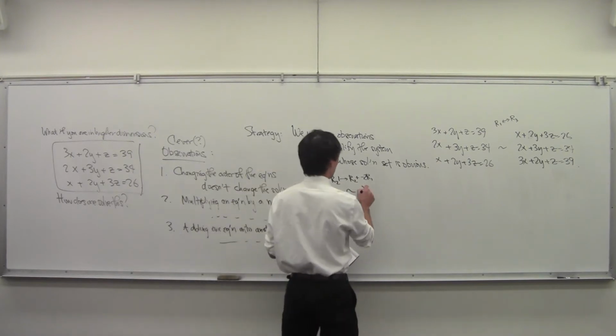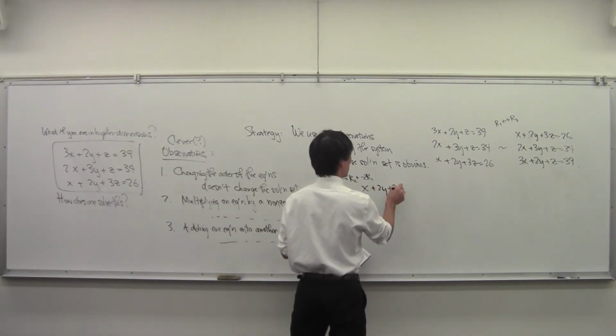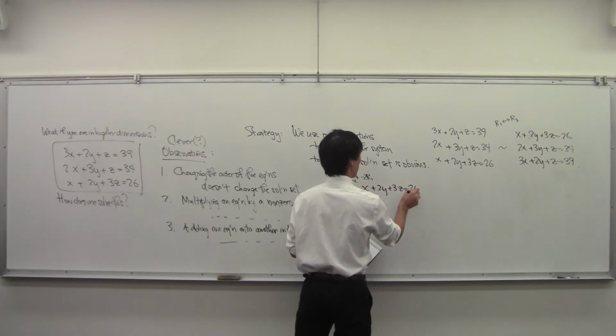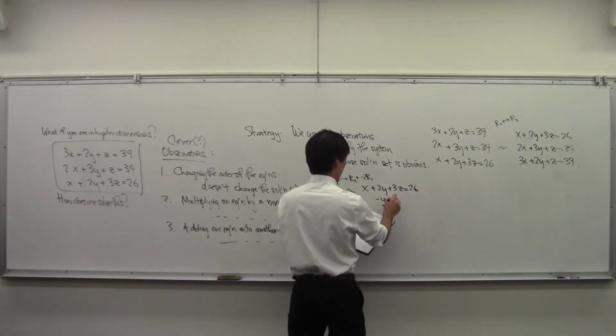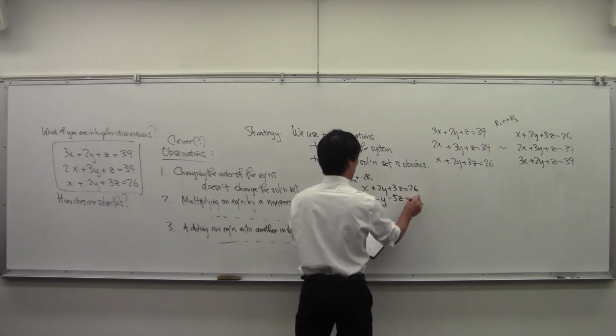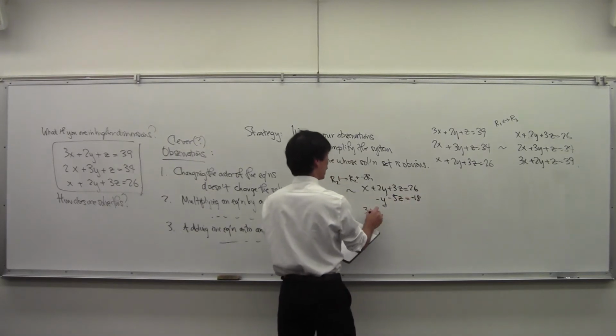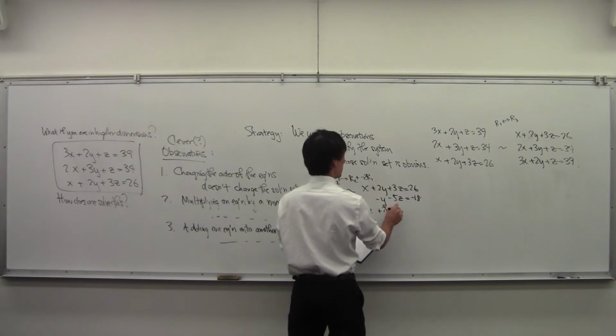So you get x plus 2y plus 3z equals 26, negative y minus 5z equals -18, and 3x plus 2y plus z equals 39.